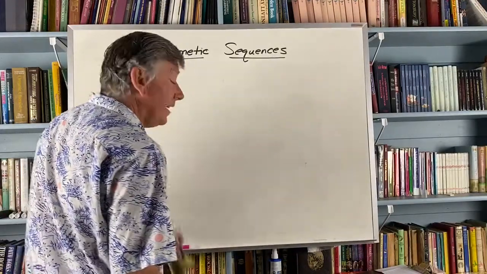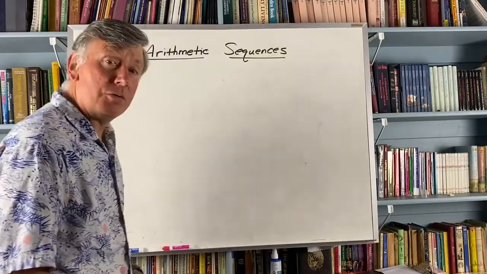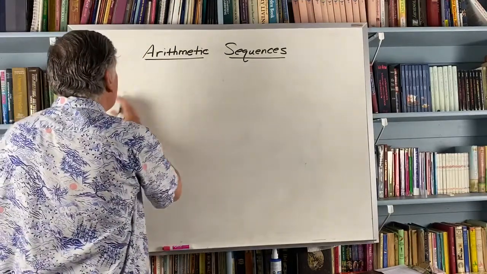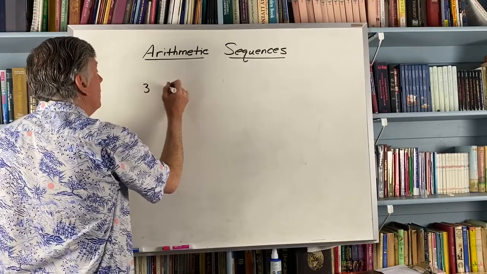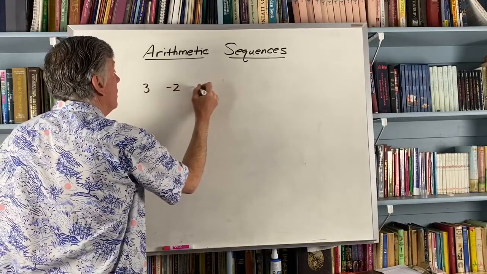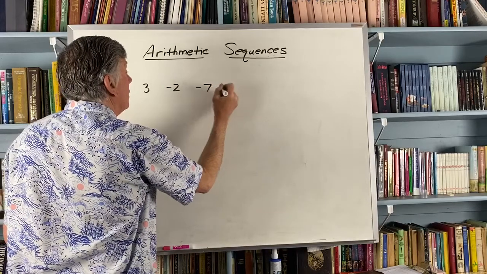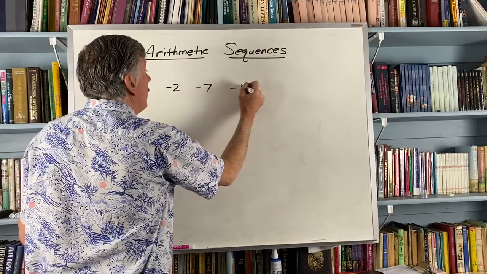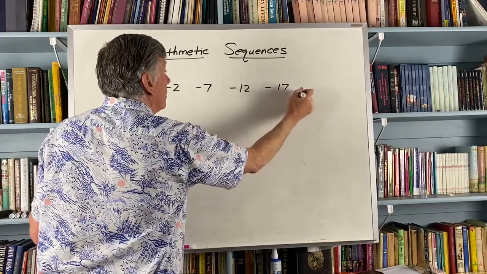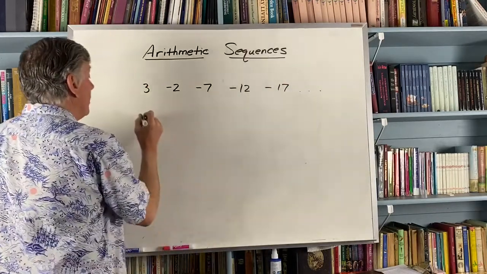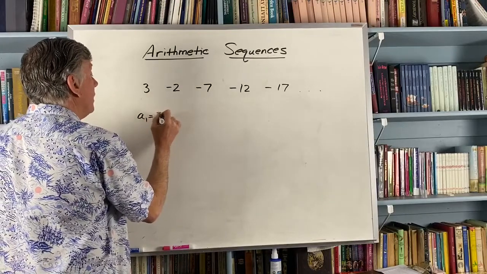Don't think the D has to be a positive number. It could be negative. Suppose my pattern is 3, negative 2, negative 7, negative 12, negative 17, on and on and on. My first term is 3.